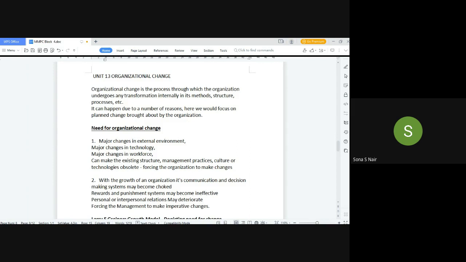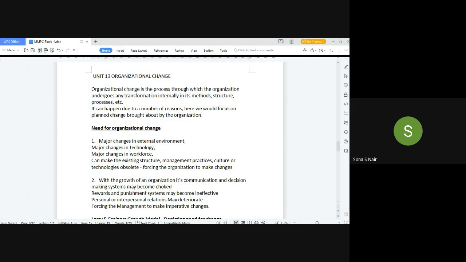Organizational change can also happen when the organization actually is not wanting to change but has been pressurized to some extent to change. We are not looking at those kinds of reasons. We are looking at organizational change where the organization is planning to change and how they go about implementing that change, though that change might be required because of changes in the environment.